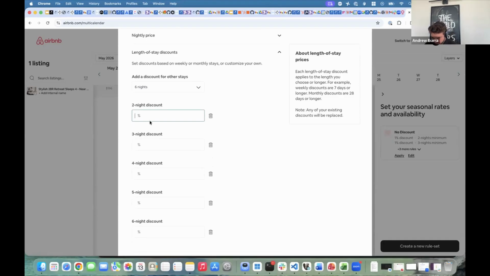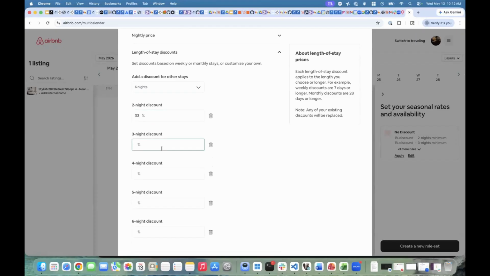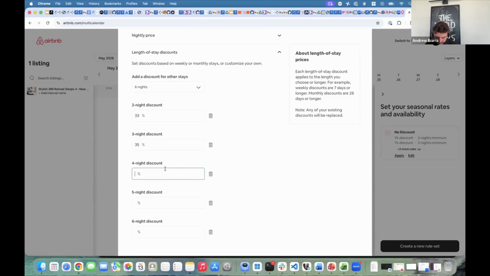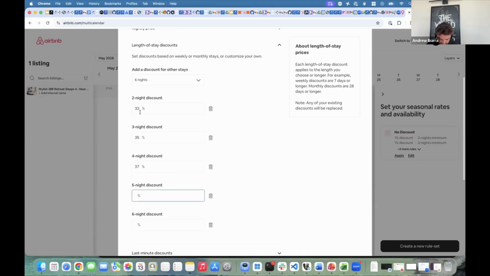For 2 night, you will put 33%. For 3 night, you will put 35%. For 4 night, you will put 37. Oh, shoot, my apologies, I was giving you the wrong one. Give me 1 second. It's actually going to be, for 2 night, 16.